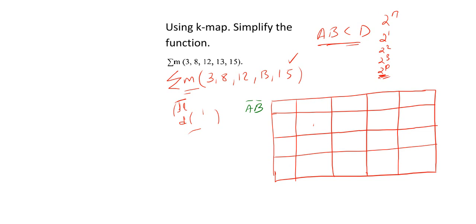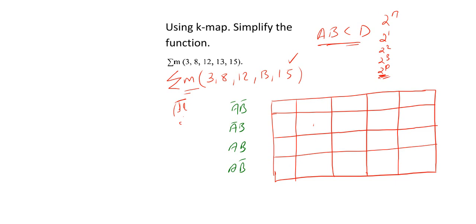Let me write here: we shall have A negated B negated, then A negated B, then AB, and then A B negated.